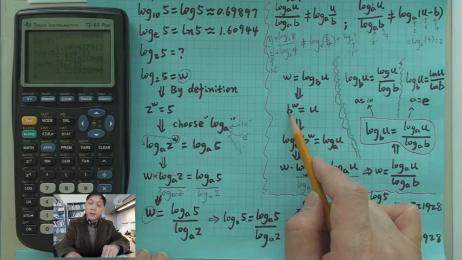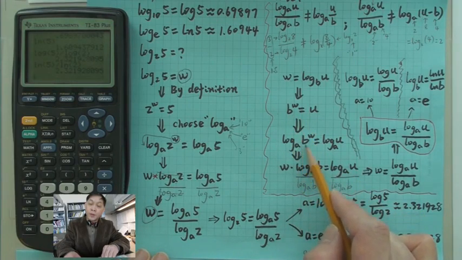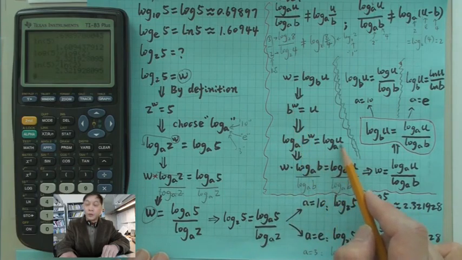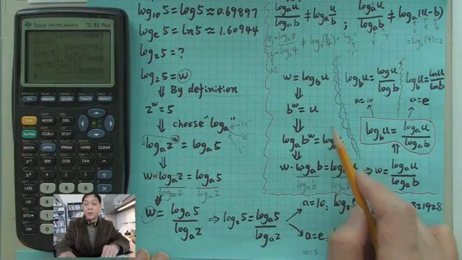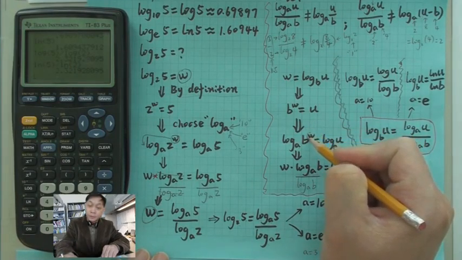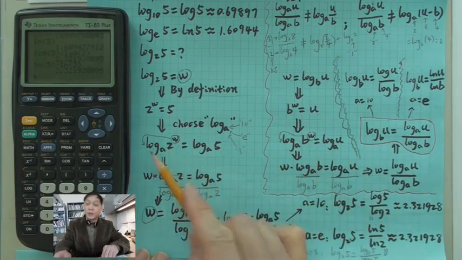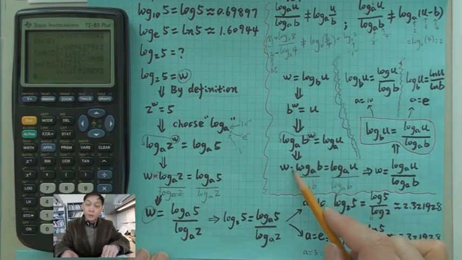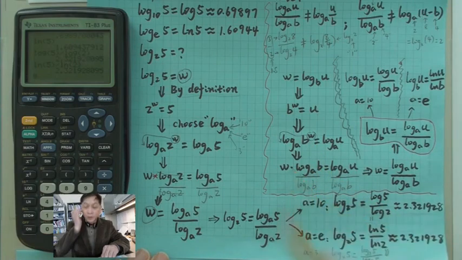If you take log base A of B to the W on the left-hand side, and do the same thing on the right-hand side, log base A of U, then again you may bring this W down to the front, like the one right here. It was an exponent operation, now it's multiplication.